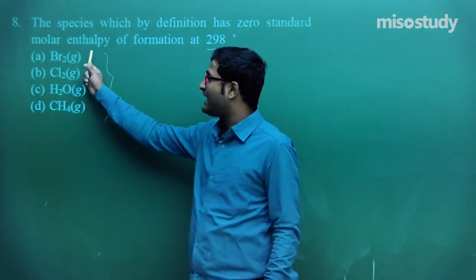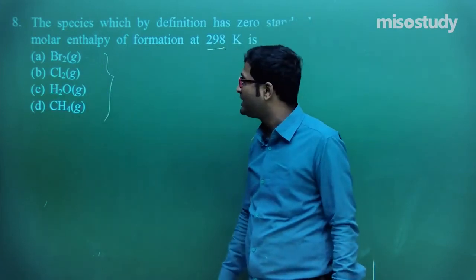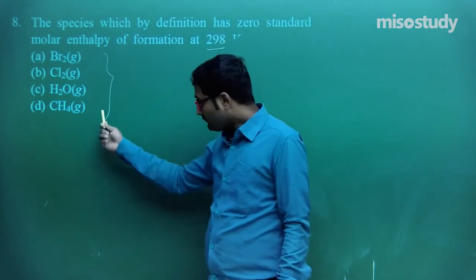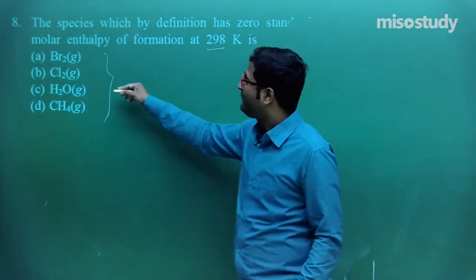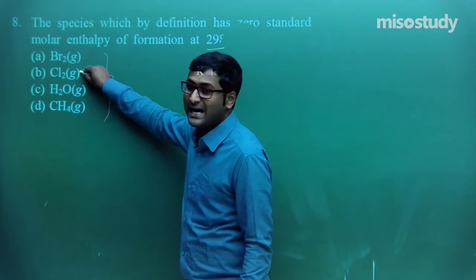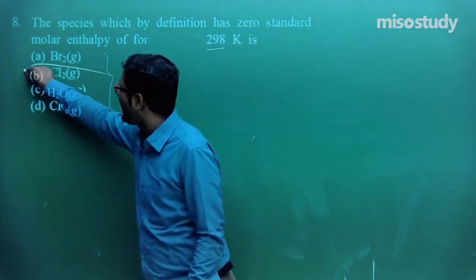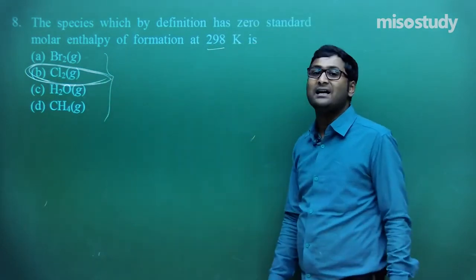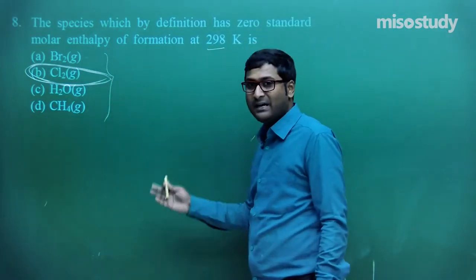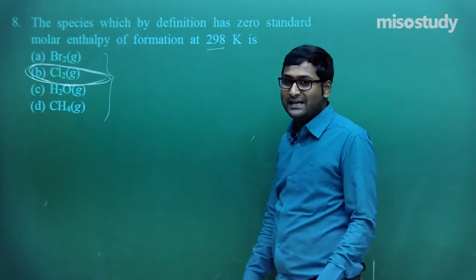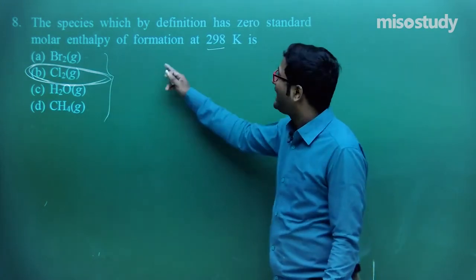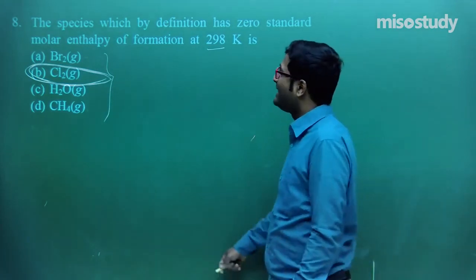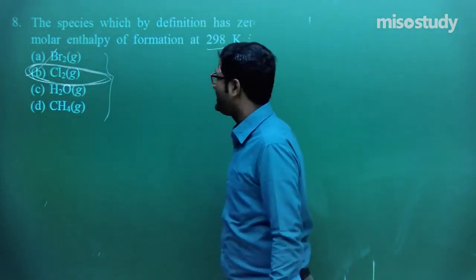At room temperature, bromine is in liquid state, H2O is liquid, CH4 is also not, but in the case of Cl2, this is the standard condition. Chlorine at room temperature is a gas. If an element or a molecule is in its standard condition, then its standard molar enthalpy of formation is taken as 0. So the answer is B.